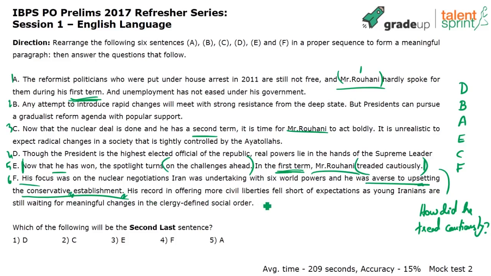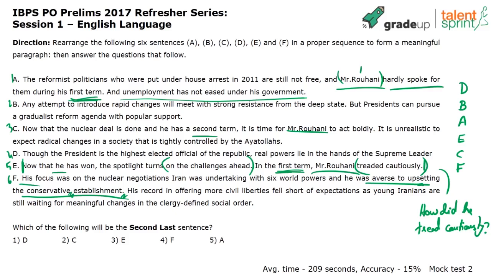His record in offering most civil liberties fell short of expectations, as young Iranians are still waiting for meaningful changes in the clergy-defined social order. And if you look at A, I'm connecting first term, it says, the reformist politicians who were put under house arrest in 2011 are still not free, and Mr. Rohani hardly spoke for them during his first term. And unemployment has not eased under. So basically, Mr. Rohani did not do much.